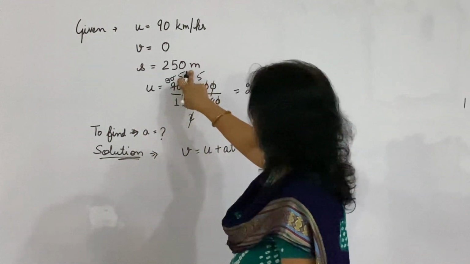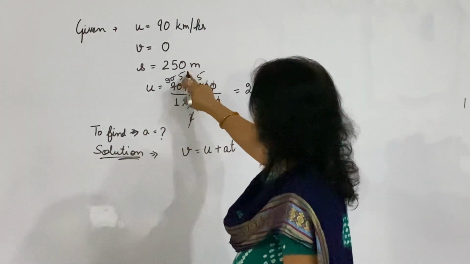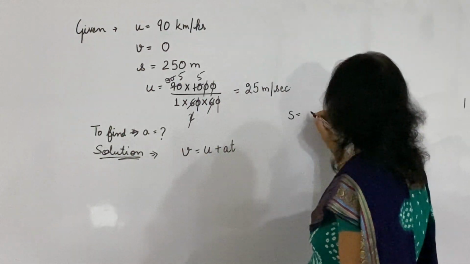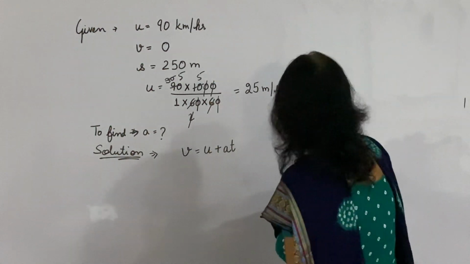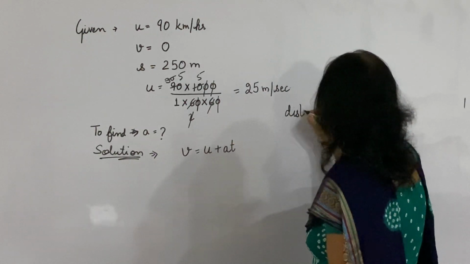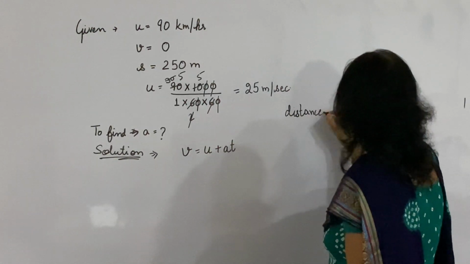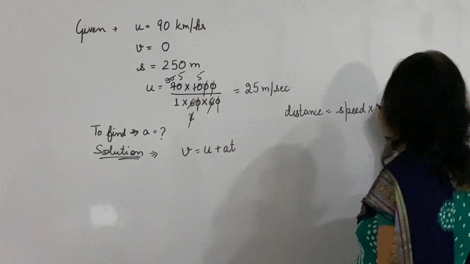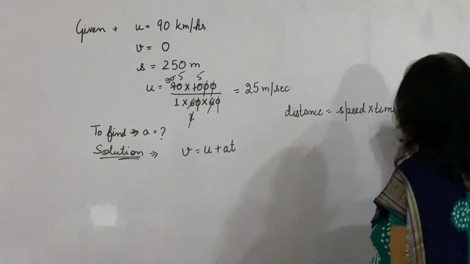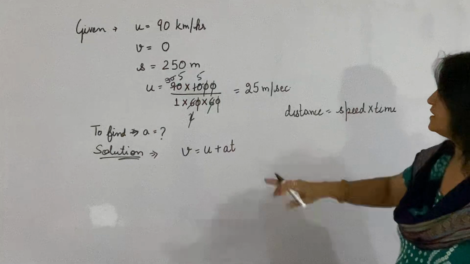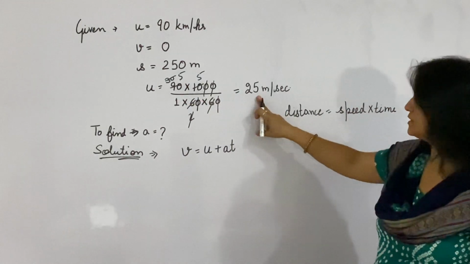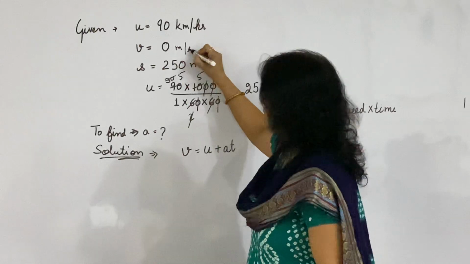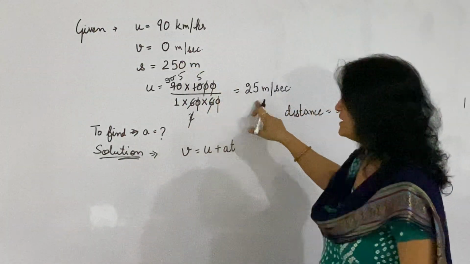As the distance is given as 250 meter, and we know that distance is equal to speed multiplied by time. Now the speed goes from 25 meter per second to 0 meter per second, right? So the speed is variable.